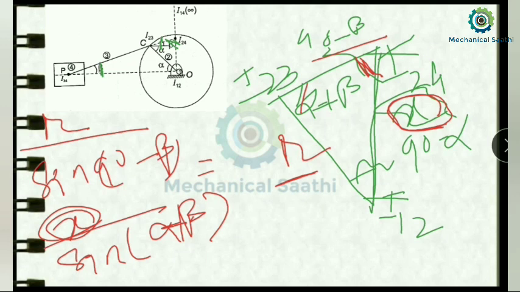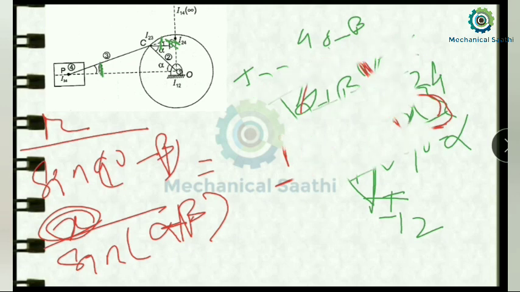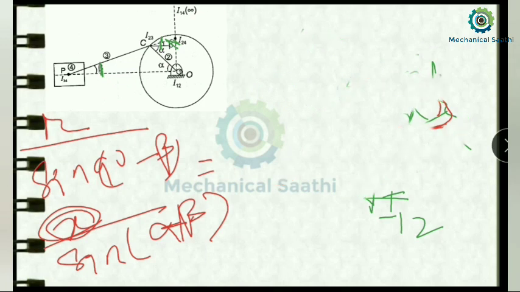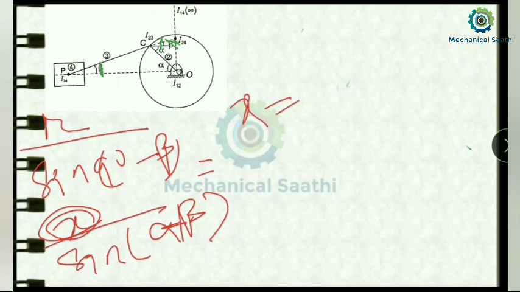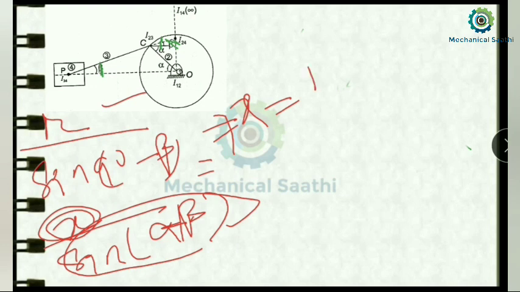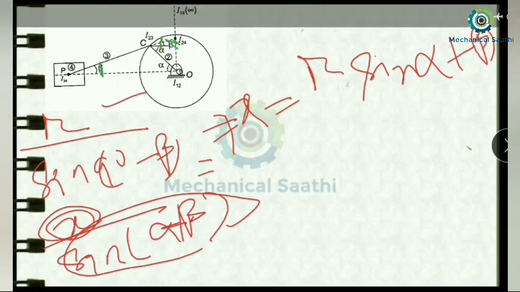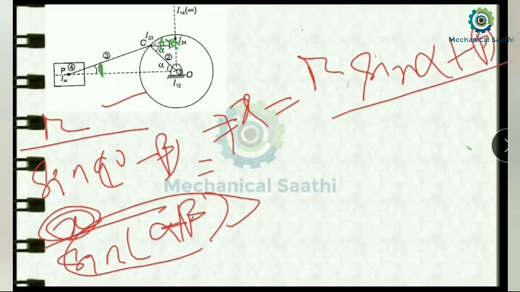Let me erase all those things over here. So the value of x will be, after multiplying here, r sine alpha plus beta divided by sine 90 minus beta.